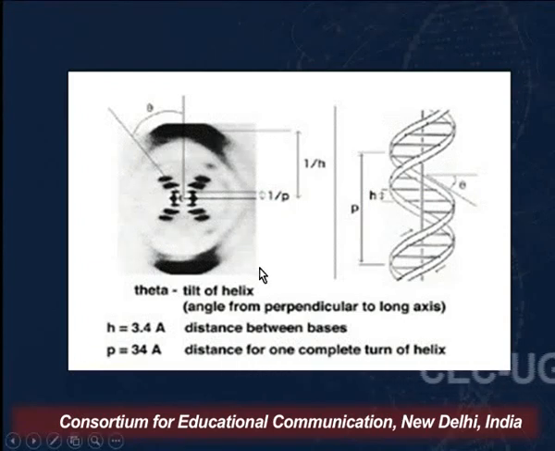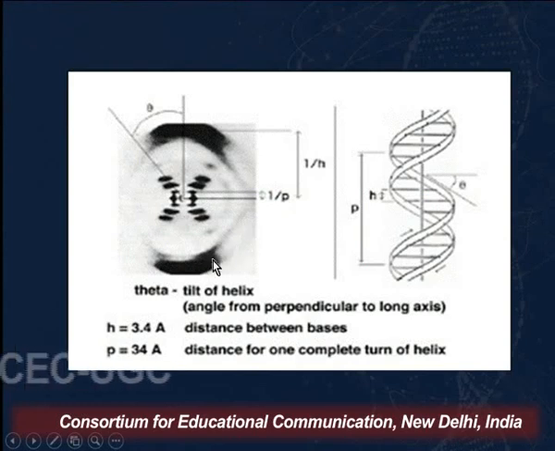And on the picture on the left, she showed the tilt of the helix. So this is a very historical picture which laid the foundation for Watson and Crick's double helix model.